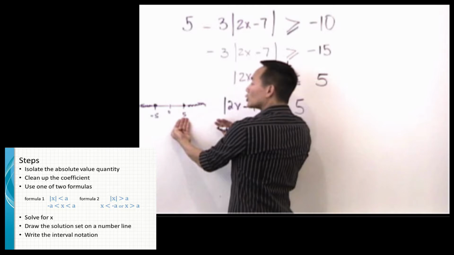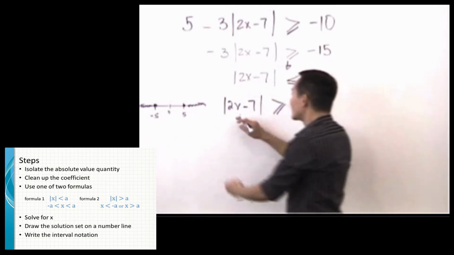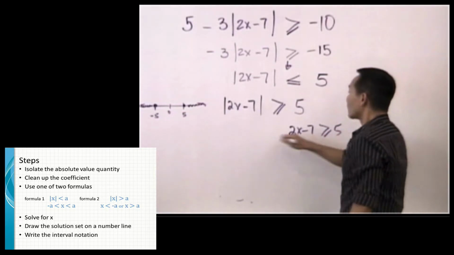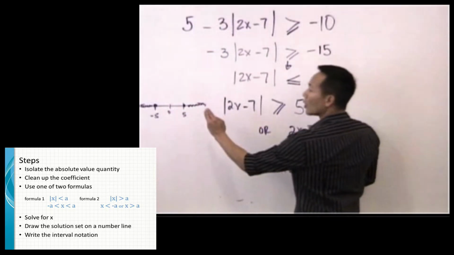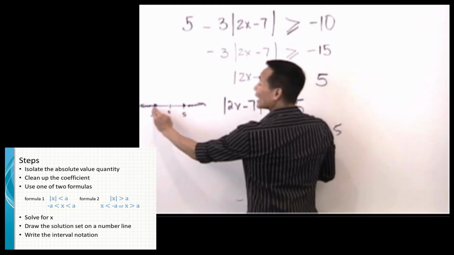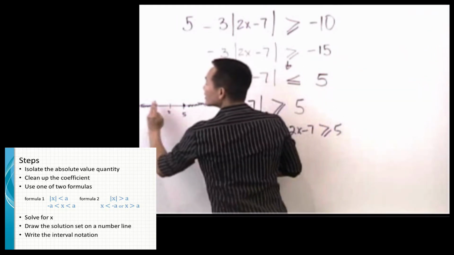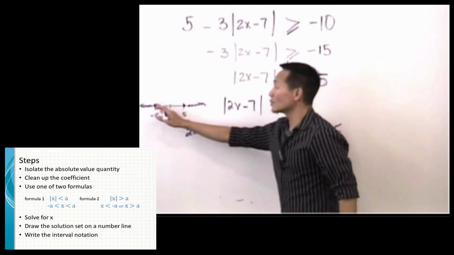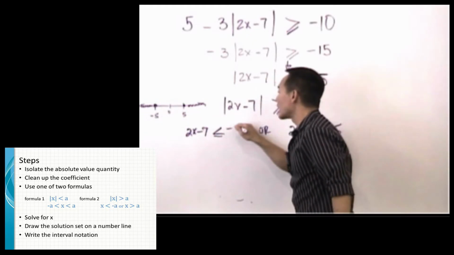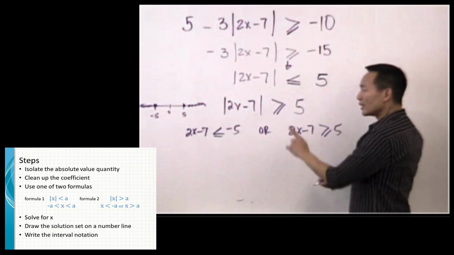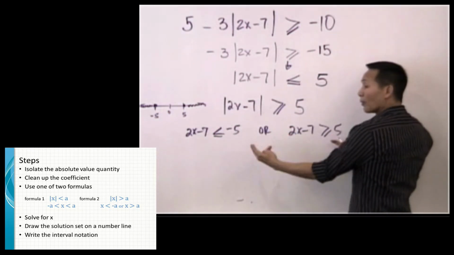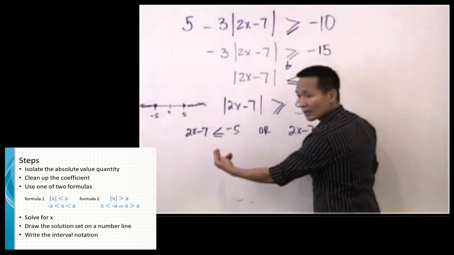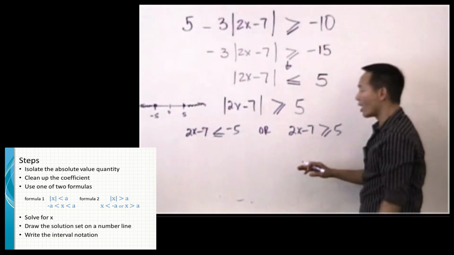If we want to go beyond 5 to the right, we want 2x minus 7 greater than or equal to 5. Or you go to -5 to the left, we want 2x minus 7 to be less than or equal to -5. So for this case, we have either-or: either greater than or equal to 5 or less than or equal to -5. And then solve for x.